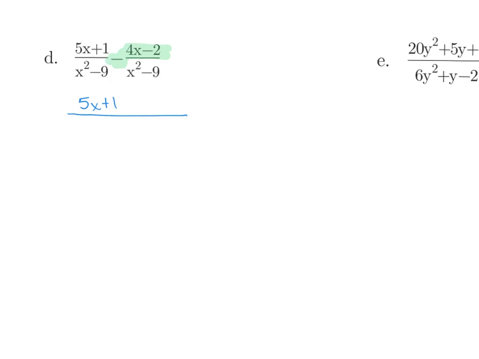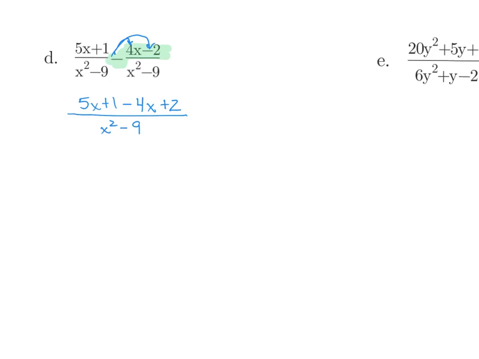So this is actually going to become minus 4x plus 2, if we distribute our negative. Remember to change both signs. Denominator is the same, so we're going to go ahead and keep it.